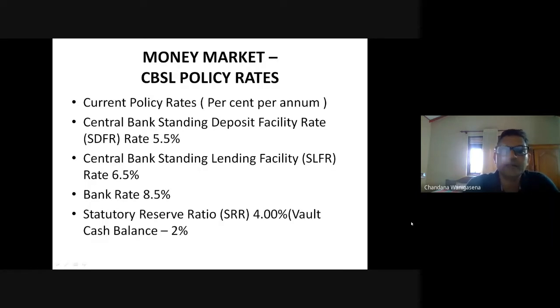Central bank standing deposit facility rate, that's the rate at which commercial banks go and deposit in the central bank, at 5.5%. And whenever commercial banks want, they can go to the central bank and ask for short-term loans. That comes at 6.5%. The general bank rate is for the very short term.